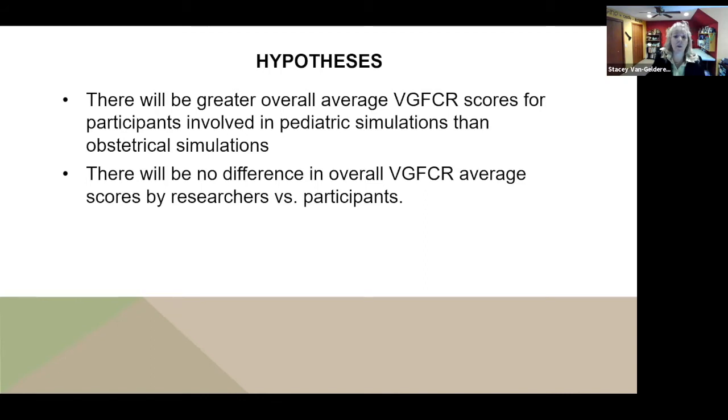Secondly, we felt that there would be no difference in overall Van Gelderen Family Care Rubric average scores by researchers in comparison to the participants as peer reviewers. So remember that this was the first time that the rubric was being measured from a peer review perspective, where it's tested both by researchers and by peer reviewers for feedback.